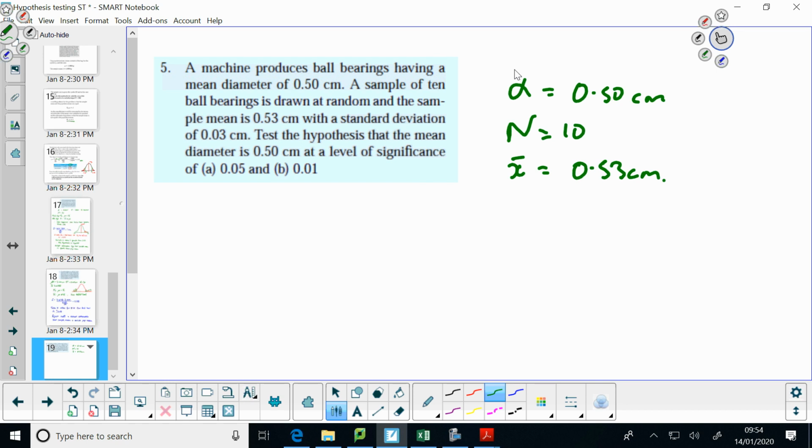Standard deviation is equal to 0.03 centimeters. Test the hypothesis that the mean diameter is 0.5.